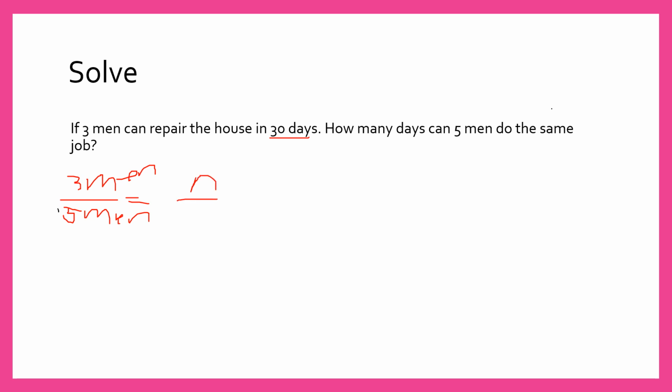So n over 30. Okay, so that means 5n equals 3 times 30, which is 90. So 90 divided by 5.